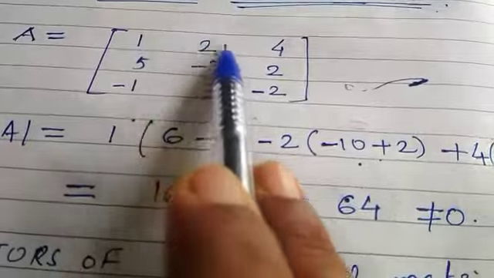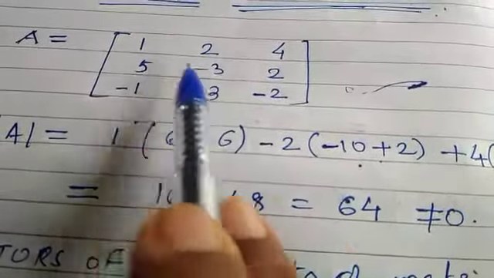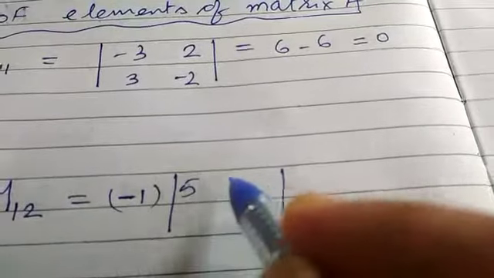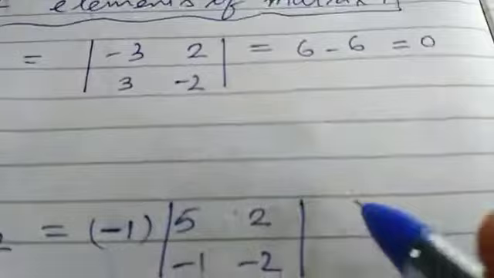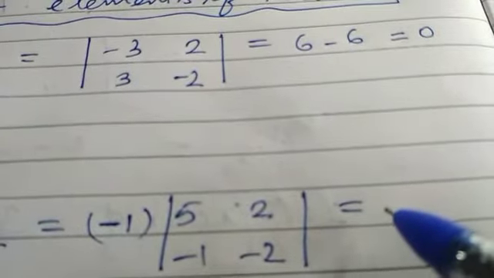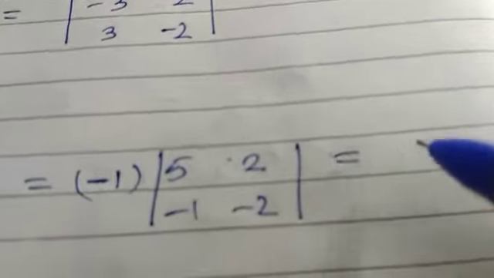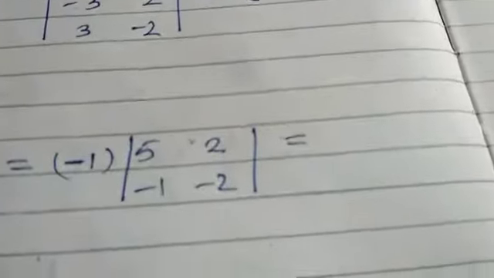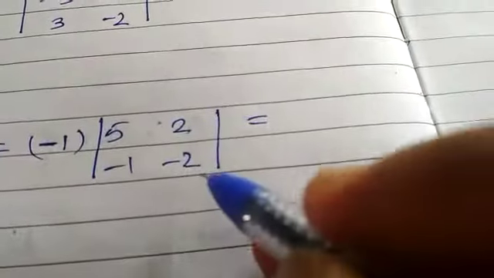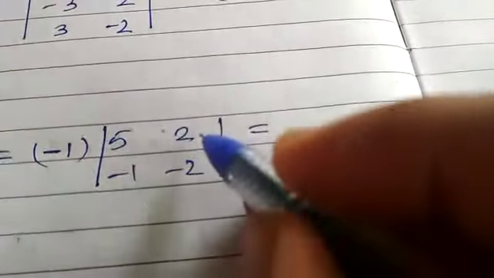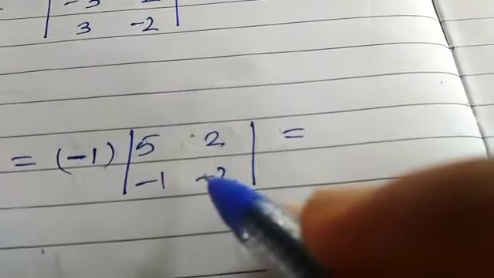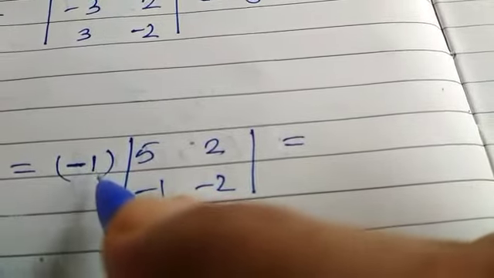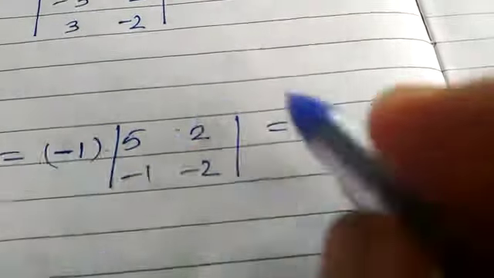So you have to hide first row and second column. You get 5 2 minus 1 minus 2. It is nothing but 5 into minus 2, minus 10, then minus of minus 2, that is minus 10 plus 2, it will be minus 8, and that multiplied with minus 1, it will be 8.